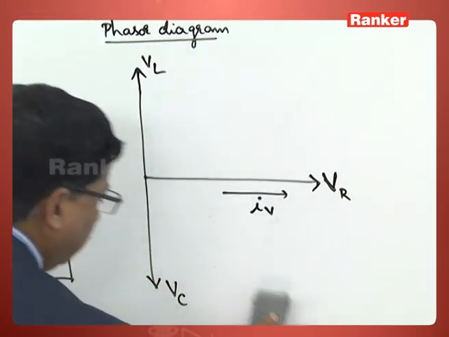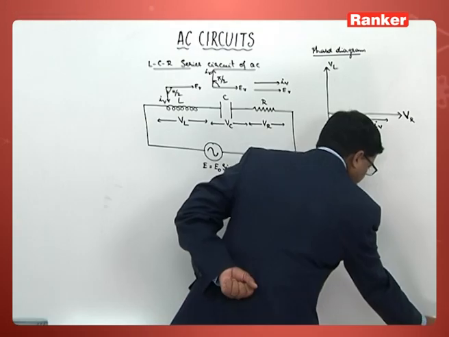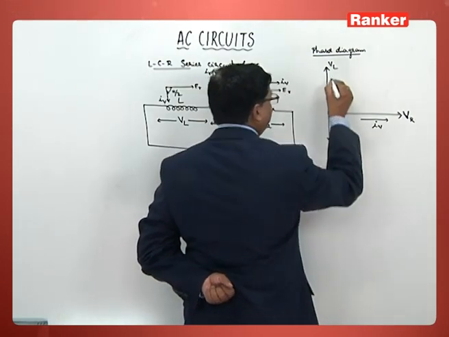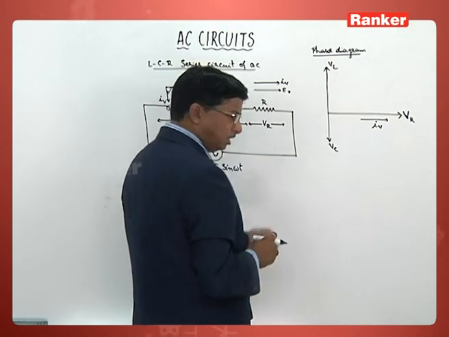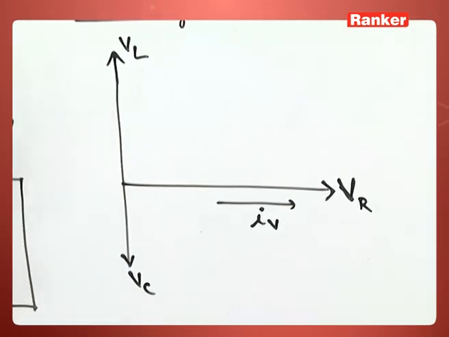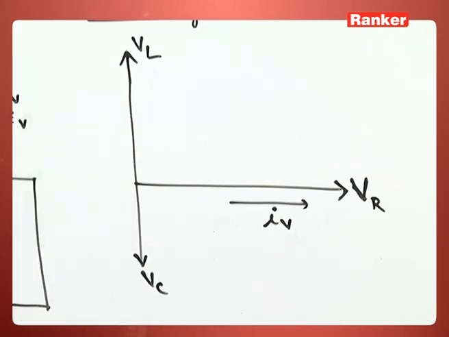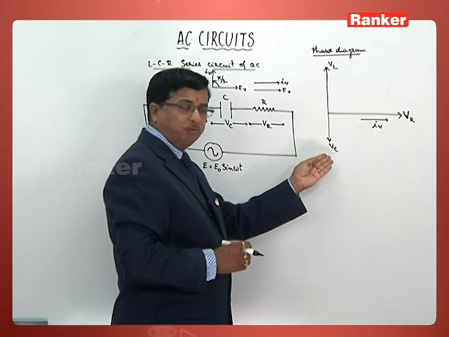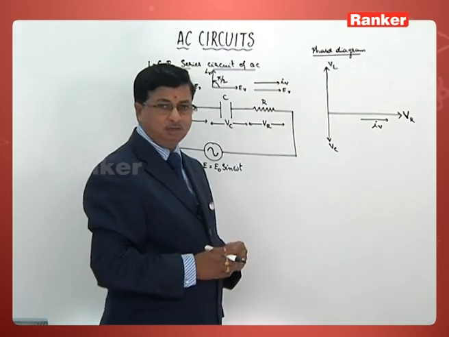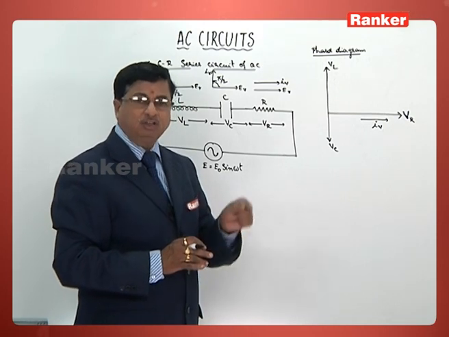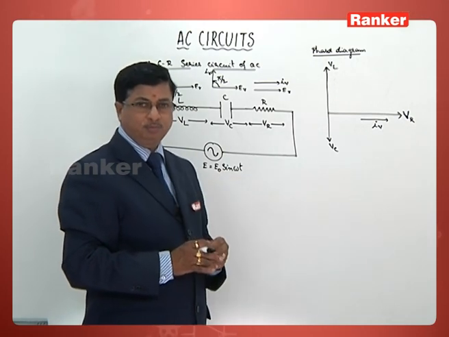Let us take up this value of VC less than the value of VL, such that we find the resultant of these two acting in the vertically upward direction. But even of course it can be, VC also can be greater than VL. But we are considering an example here that VL is greater than VC.